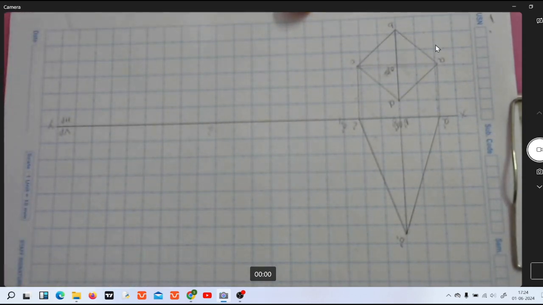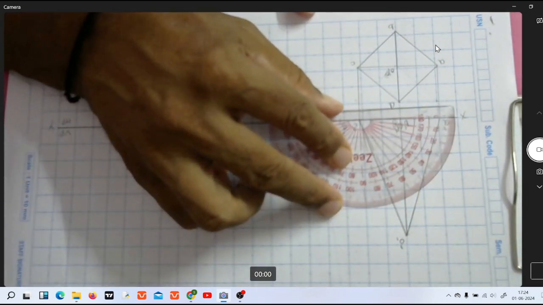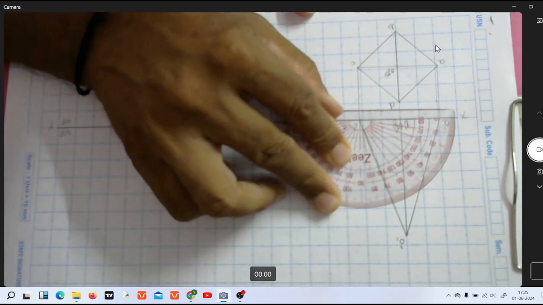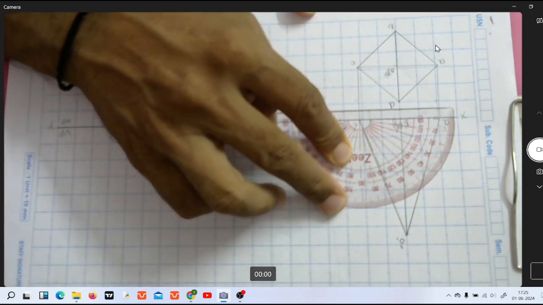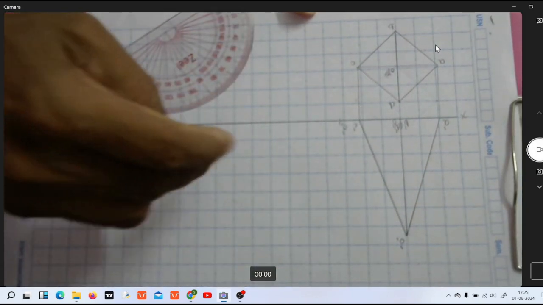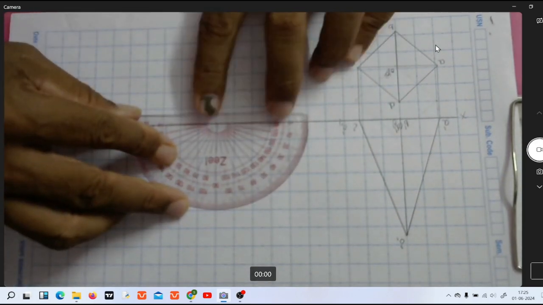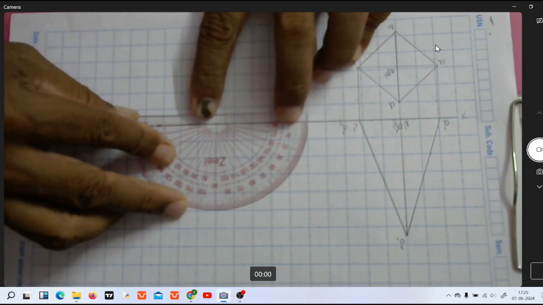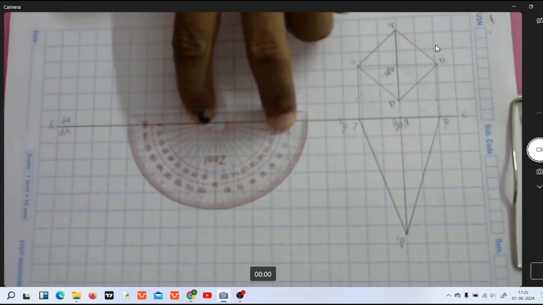Now to construct the remaining portion, you measure the angle here. This angle is 72 degrees. Now keeping A dash as a reference point, you measure an angle of 72 degrees.